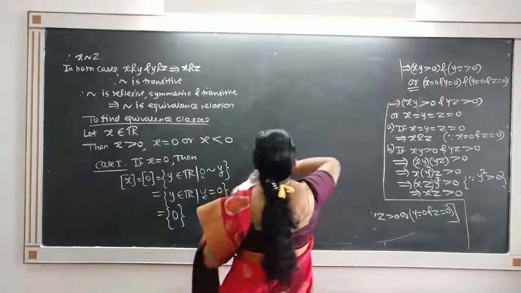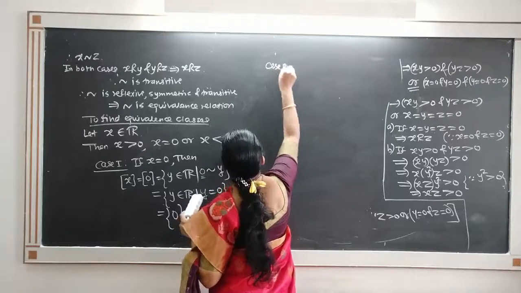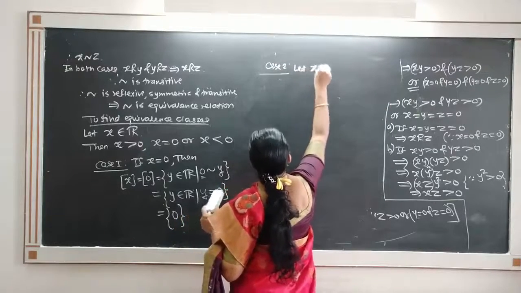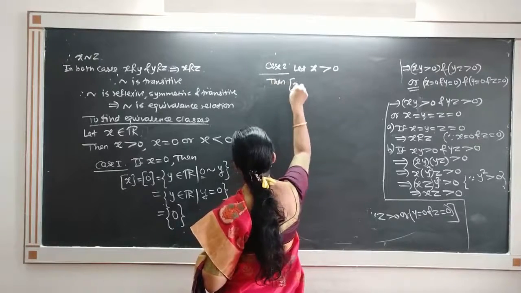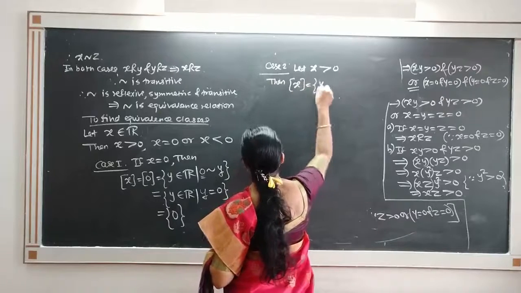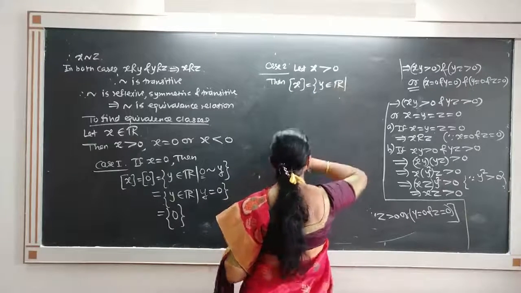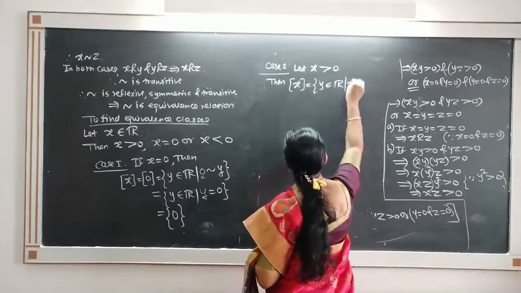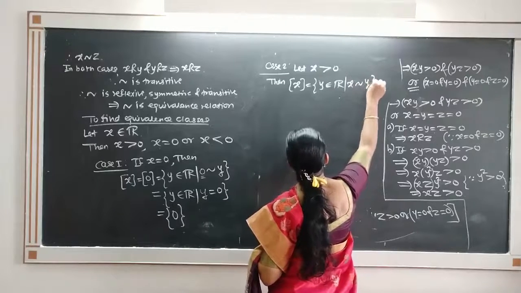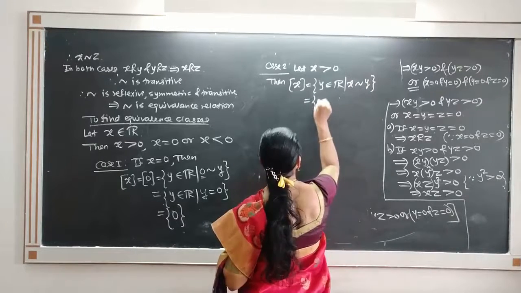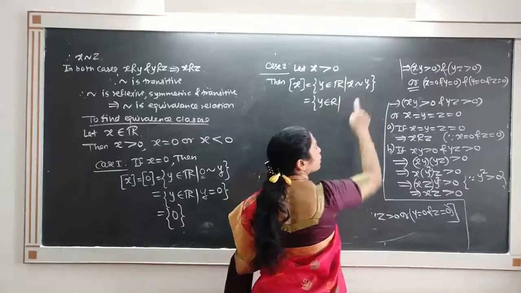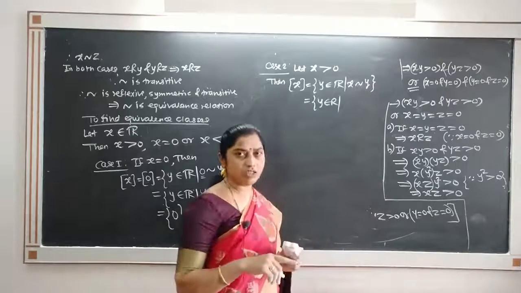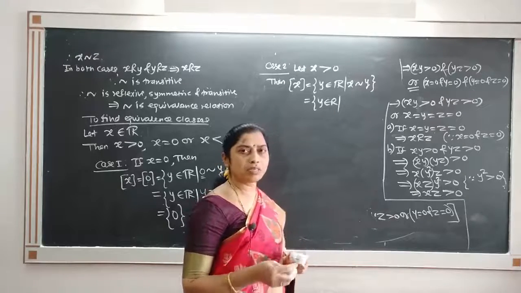Consider the second case. Let us assume that x is greater than 0, any number. Then what is the equivalence class of x? It is the set of all y belonging to R such that x is related with y. What is meant by x is related with y? This implies that either the product xy is greater than 0 or both the numbers are 0.